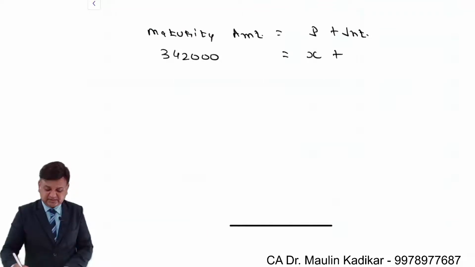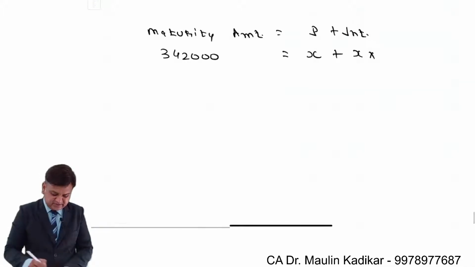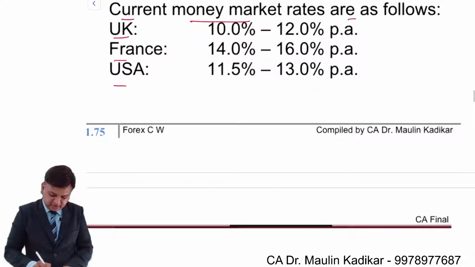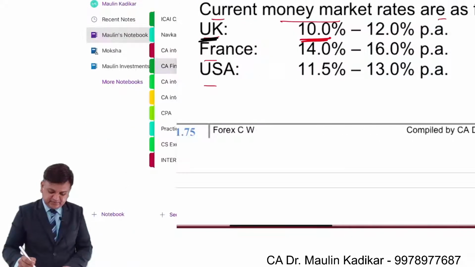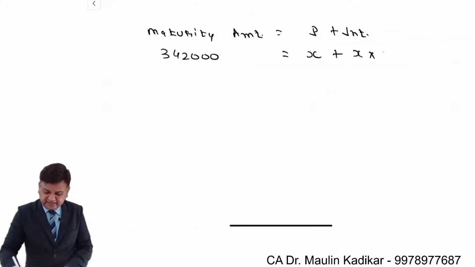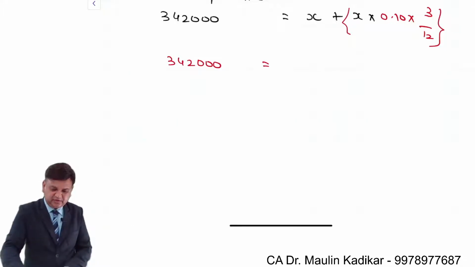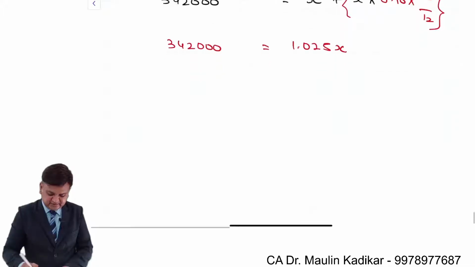Principal is x plus x into the rate of interest. For the UK, as you are making an investment, you will get interest at the rate of 10%. X into 10% into 3 divided by 12. So 3,42,000 is equal to x plus x into 0.10 into 0.25, so it is 1.025x.